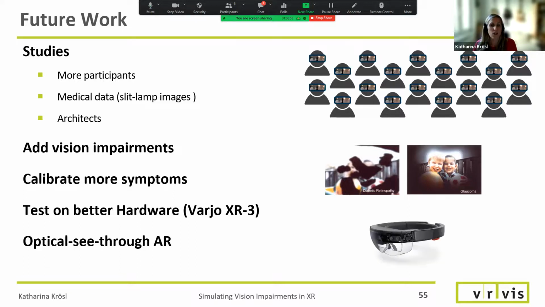And I also want to investigate how we could extend our simulations to optical see-through AR. I think for many simulations, this might be really difficult, but for some vision impairment simulations that are more like occlusions in your visual field, this might actually work quite well and could be very interesting.